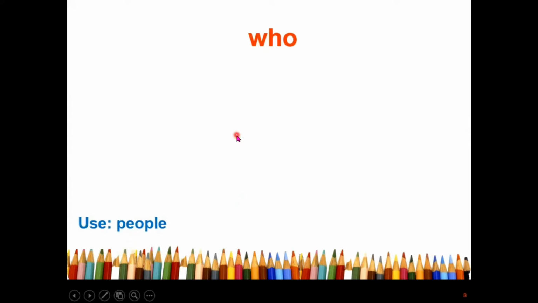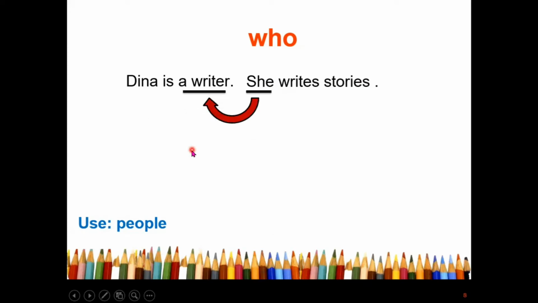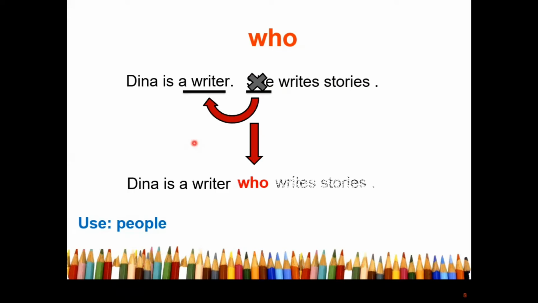One last example. It's your turn. Dina is a writer. She writes stories. How can I do this? Dina is a writer who writes stories. Perfect. Someone said it correct.